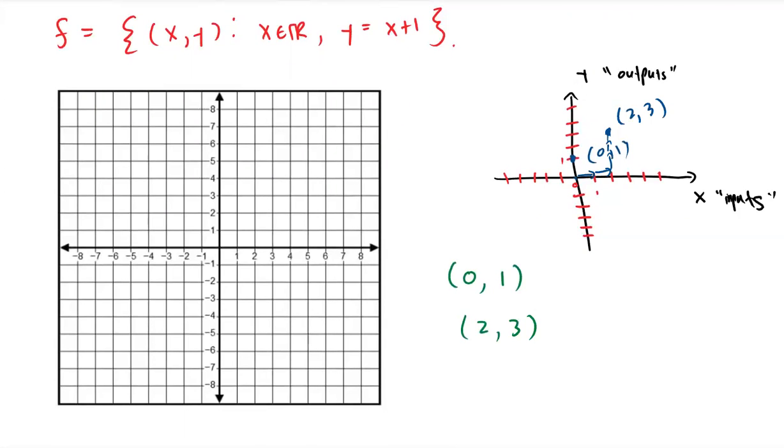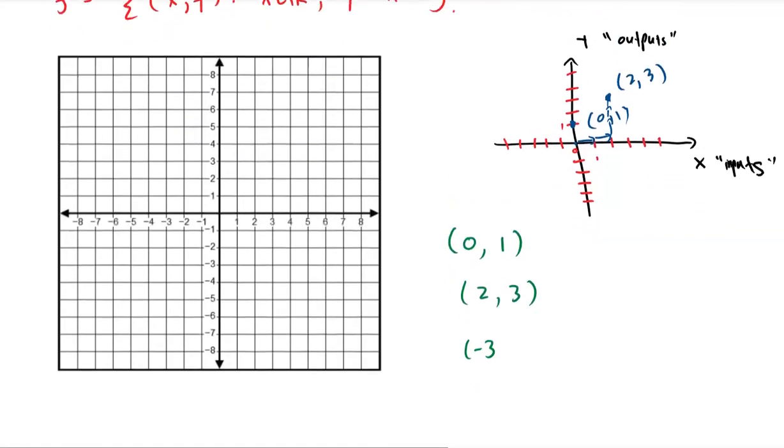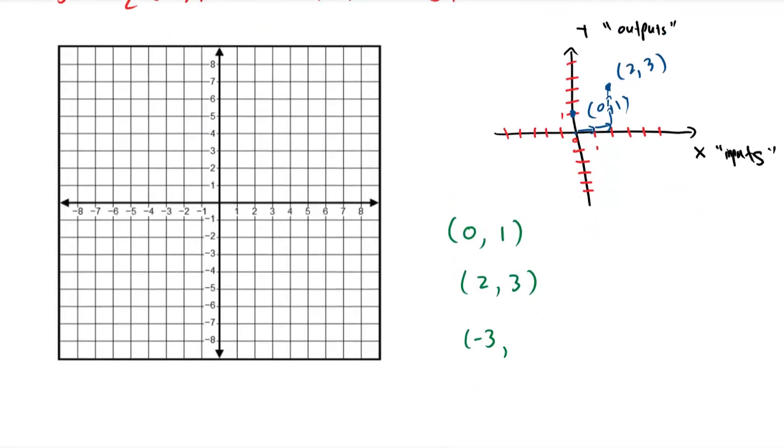Now, if x is negative, then that's telling you to move towards the left instead of towards the right. And if y is negative, it's telling you to move down instead of up. So let's do just one example of that. Let's do the ordered pair with x coordinate equal to negative 3. Now the y coordinate is going to be x plus 1. If x is negative 3, plus 1 is negative 2.